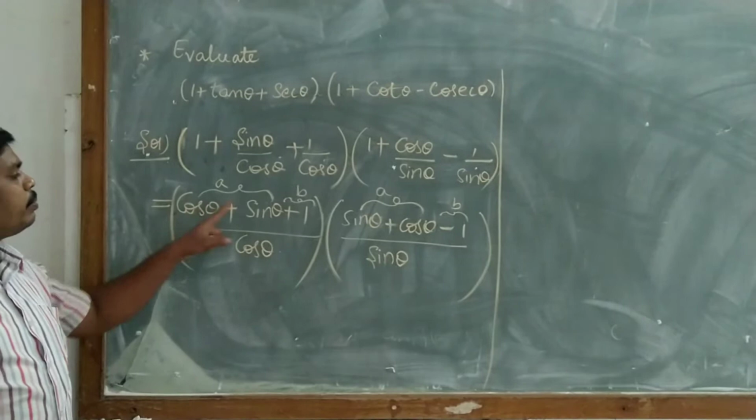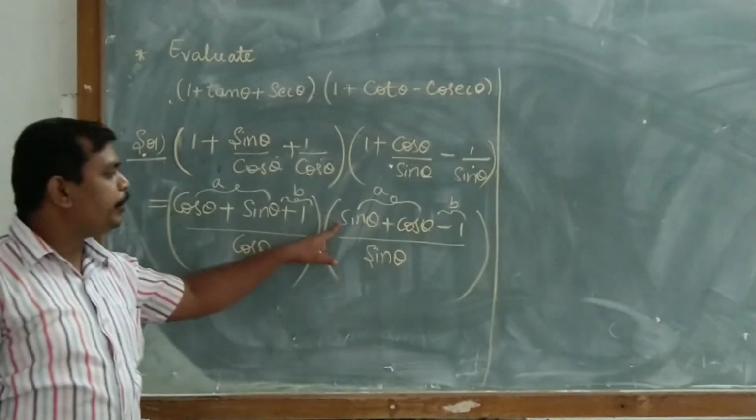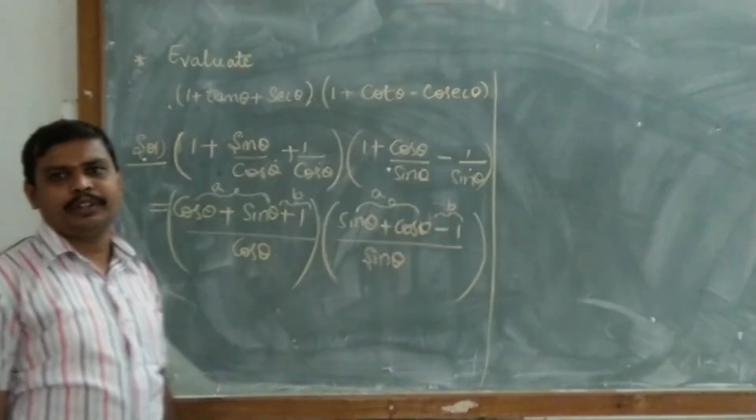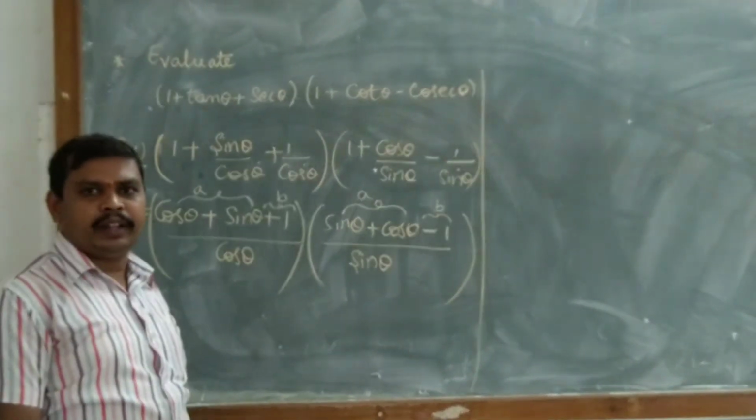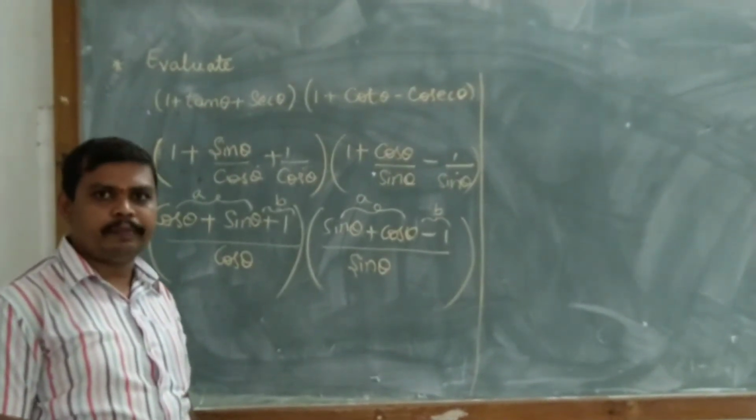This will be of the form (A + B)(A − B). What is the formula for (A + B)(A − B)? That is A² − B².